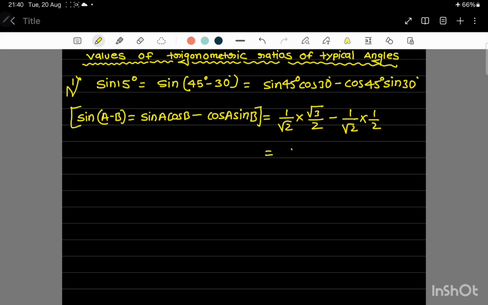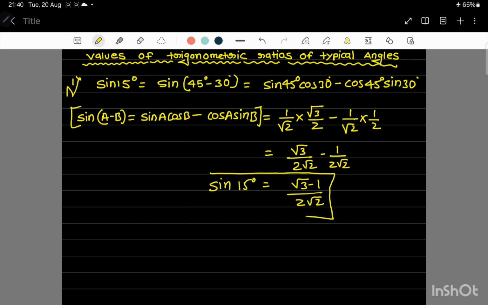So root 3 divided by 2 root 2 minus 1 by 2 root 2. So the final value is root 3 minus 1 by 2 root 2. So sine 15 degree is equal to root 3 minus 1 by 2 root 2.